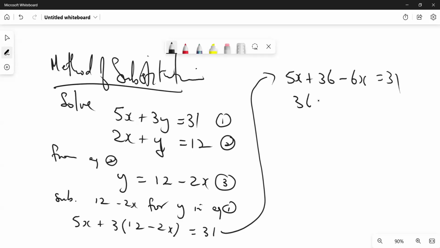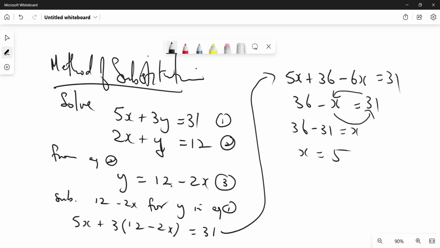We can have 36, 5x minus 6x will give us minus x equal 31, right? And then we can probably take this over here and bring this over here. You have 36 minus 31 equal x, right? So x is equal to 5. So we got x there, right?